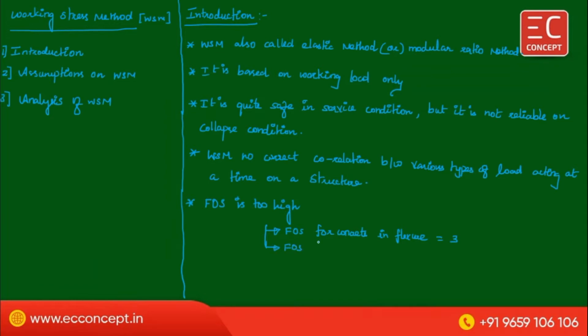Factor of safety for concrete in axial compression is equal to 4. Factor of safety for steel is equal to 1.8. This is the factual data. You will get a question from this. Keep this factor of safety in your mind.